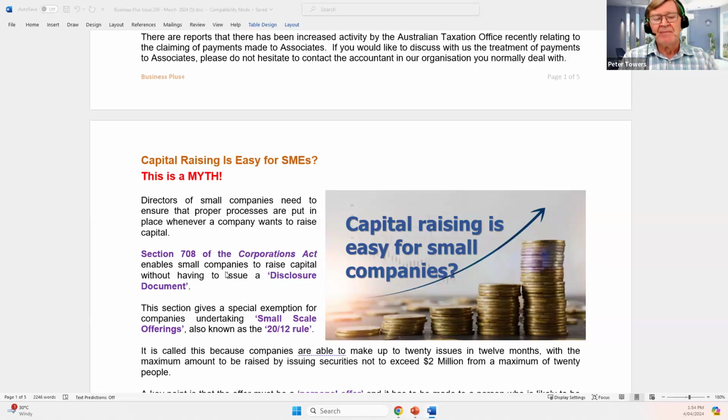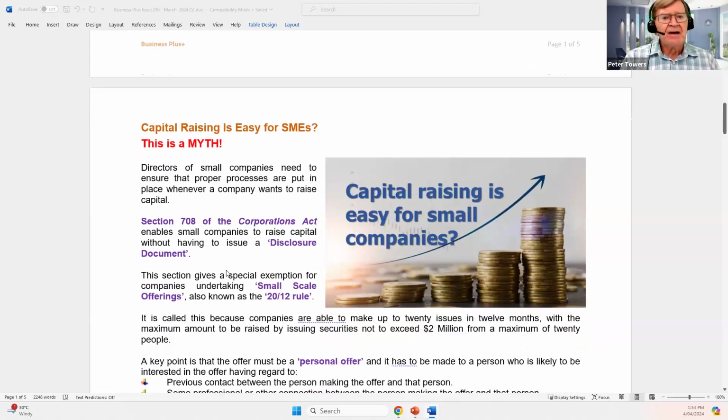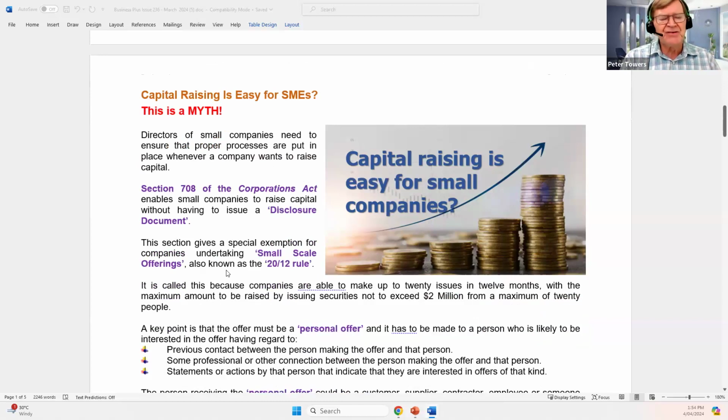So these days, your client can utilise 708, but there's no advertising, no marketing under this particular capital raising opportunity. And the maximum amount that can be raised is $2 million from a maximum of 20 investors. But one of the big changes they made from the original legislation is that you can basically talk to 1,000 people if you want to, as long as they fit the guidelines.